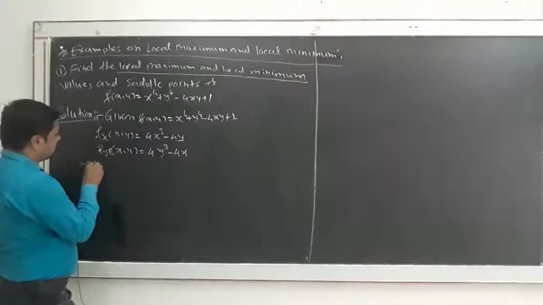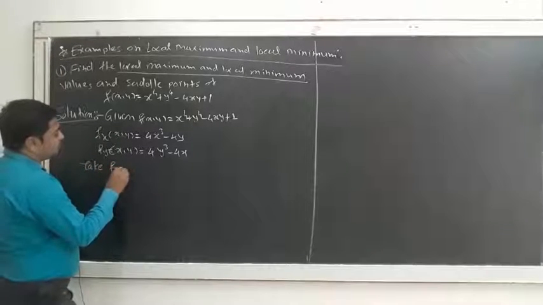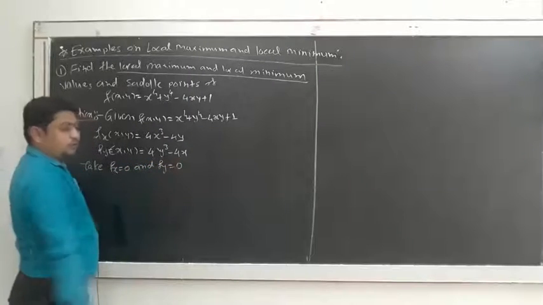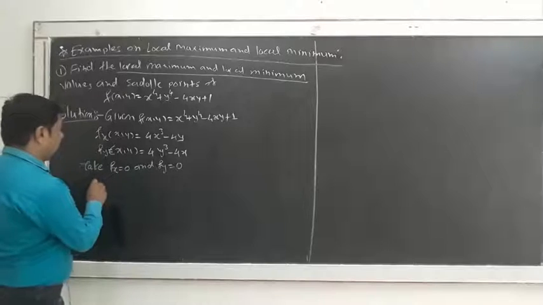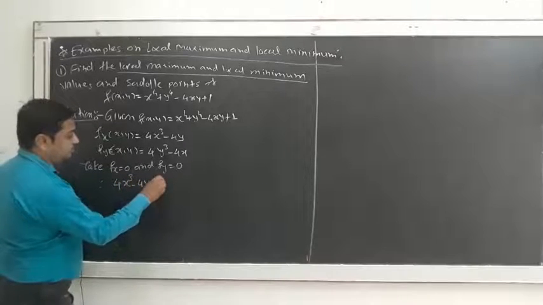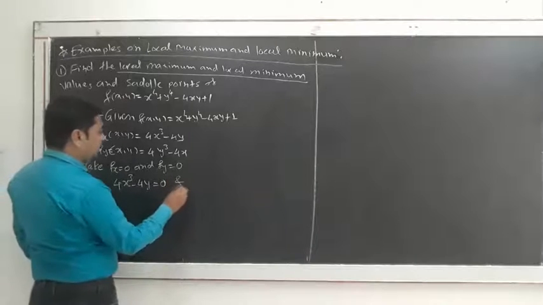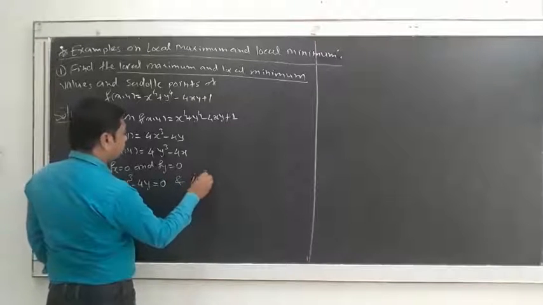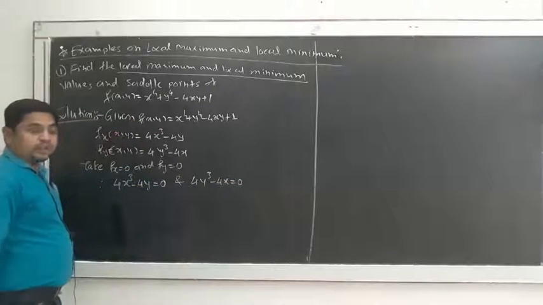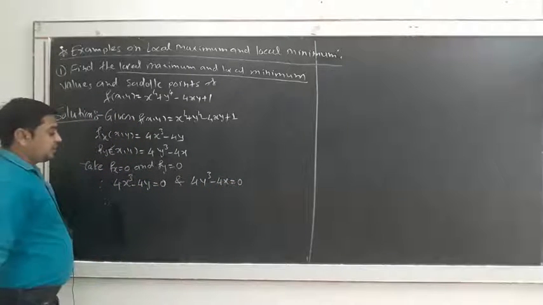Now what is important here: take fx is equal to 0 and fy is equal to 0. Therefore 4x cube minus 4y is equal to 0 and 4y cube minus 4x is equal to 0. Then try to solve both equations.